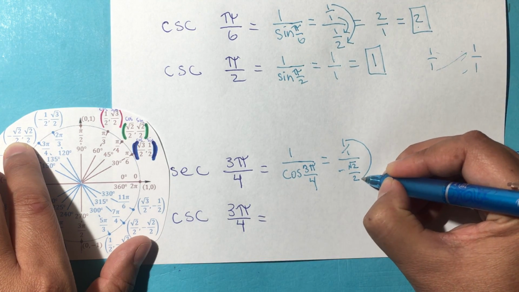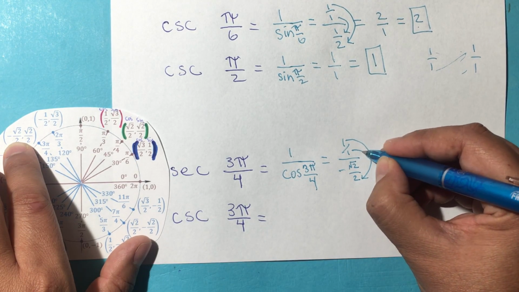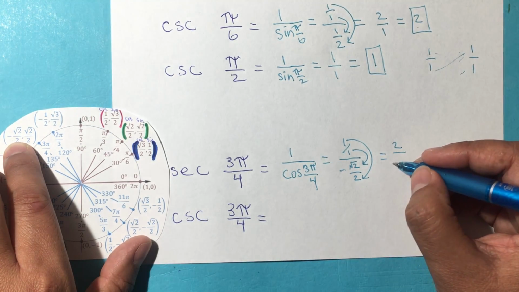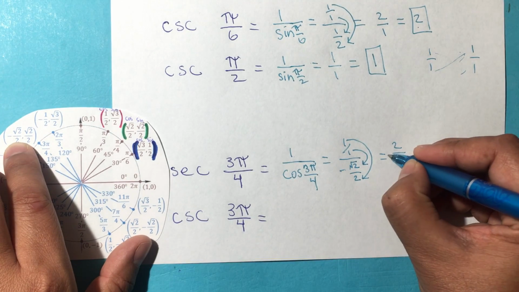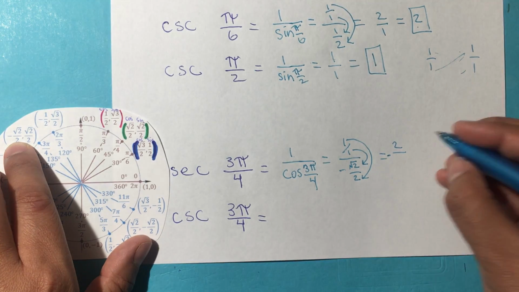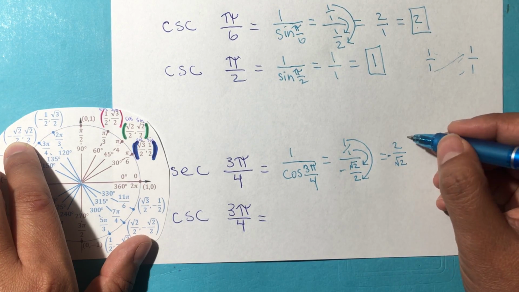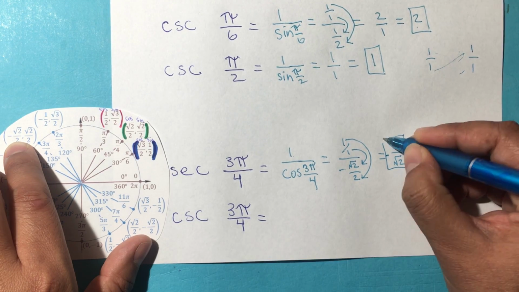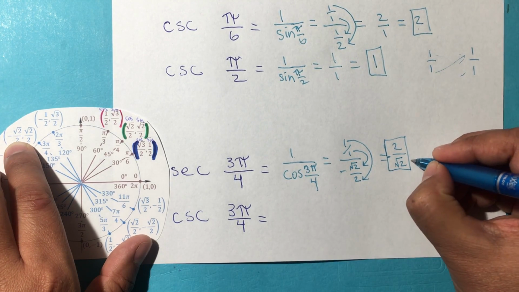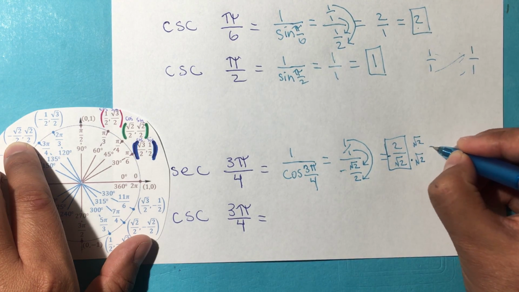We multiply the outer values. 1 times 2 is 2. 1 times negative 2. And actually the negative, you can just put it in the middle, it doesn't matter. 1 times square root of 2 is square root of 2. If they don't ask you to rationalize, that will be the answer. And you multiply by the square root of 2 on both sides.